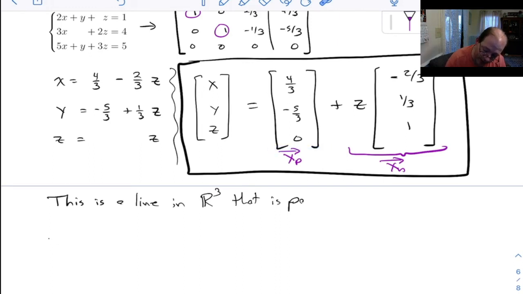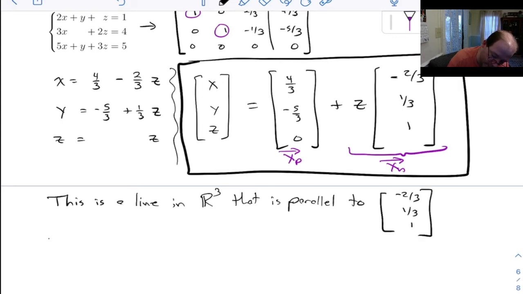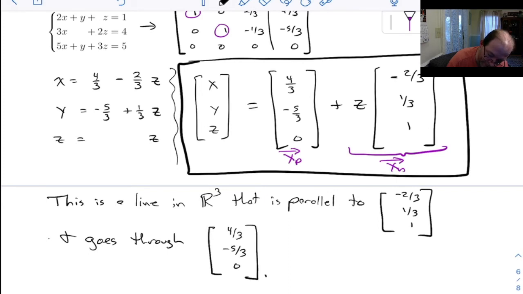So this is a line in R3 that is parallel to (negative 2/3, 1/3, 1) and goes through the point (4/3, negative 5/3, 0). So this is a one-dimensional affine space. It's not a vector space because it doesn't contain the origin.